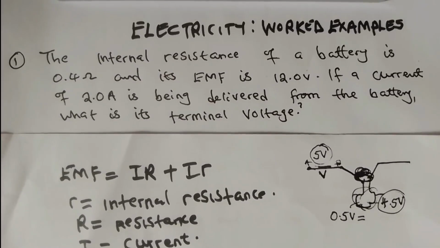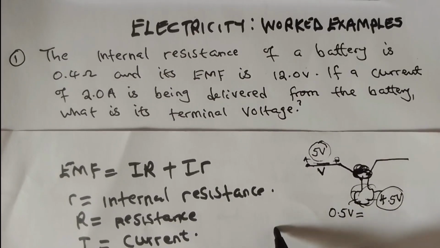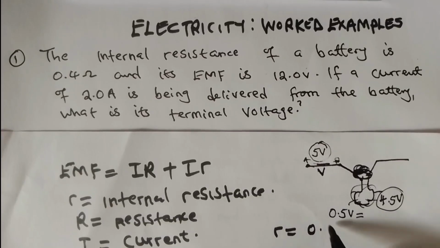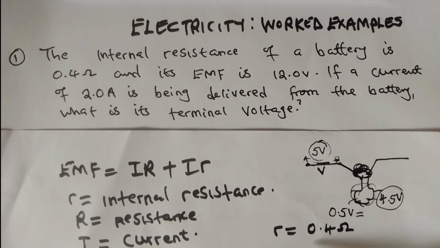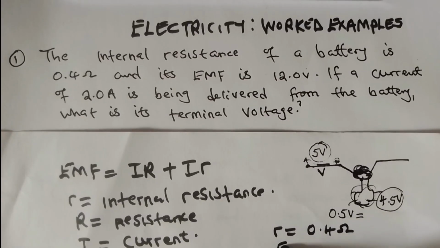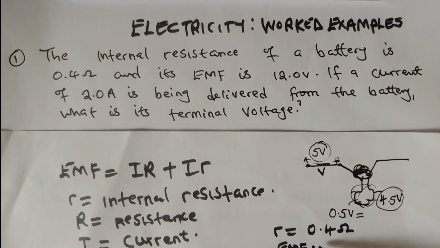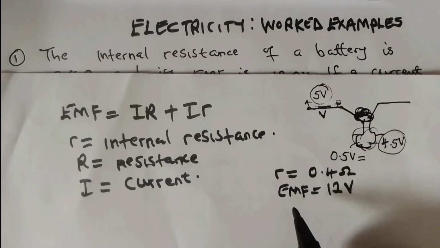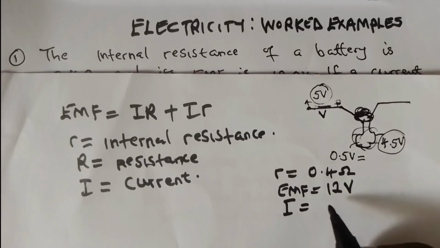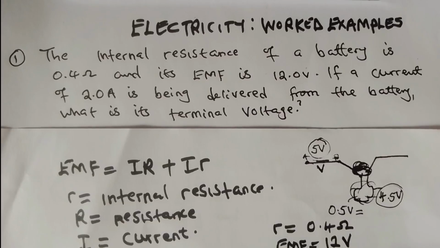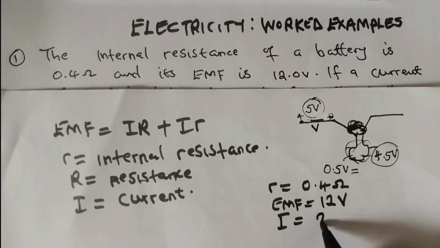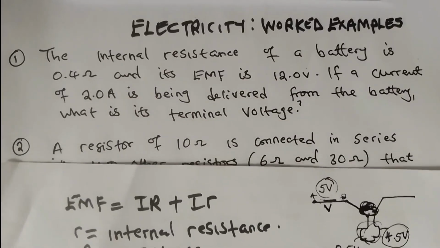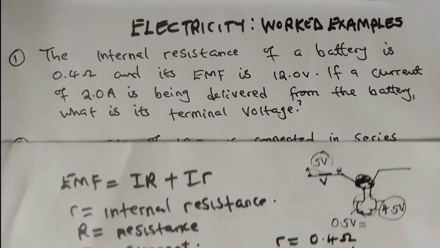Having understood that, in this case they have given us that the small r is 0.4 ohms, and our EMF is 12 volts, so you can just ignore the 0. And our current, I, is just 2 amps.